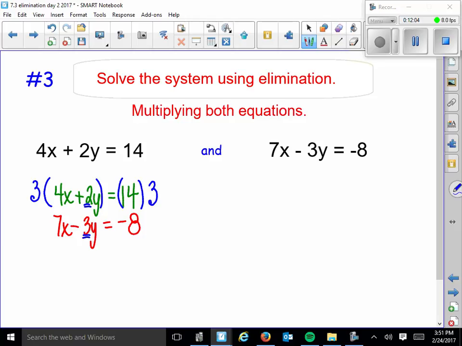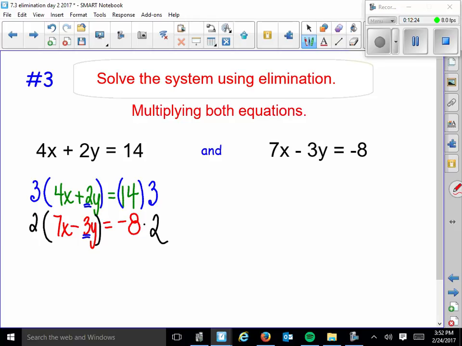The second equation needs to be multiplied by a positive 2, because 2 times negative 3 will give me a coefficient of negative 6. I'm going to be really careful with signs. It's easy to make a sign error.